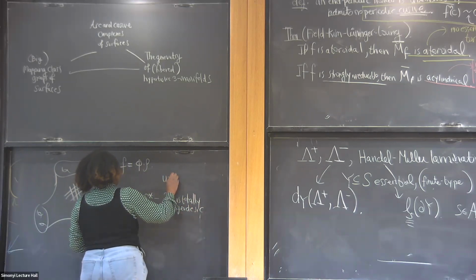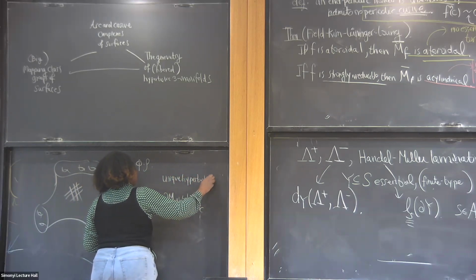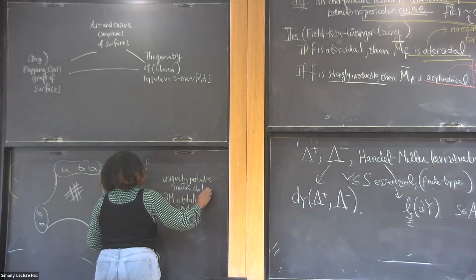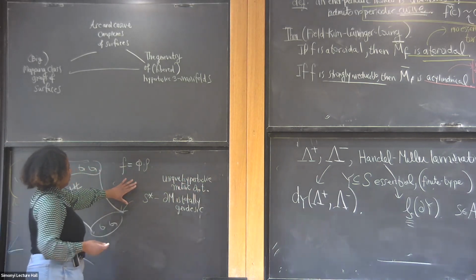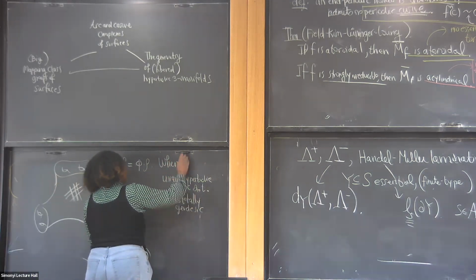I'll say the unique hyperbolic. So that's why I was building up to making sure, I should add here, when M is acylindrical.